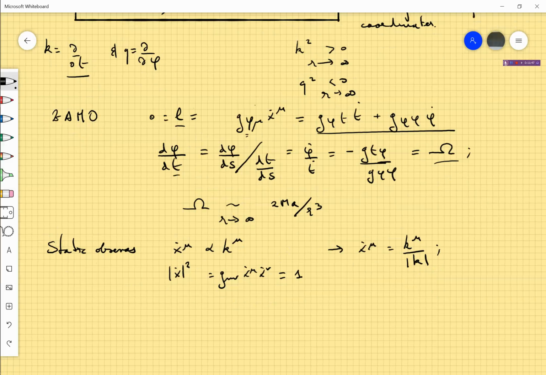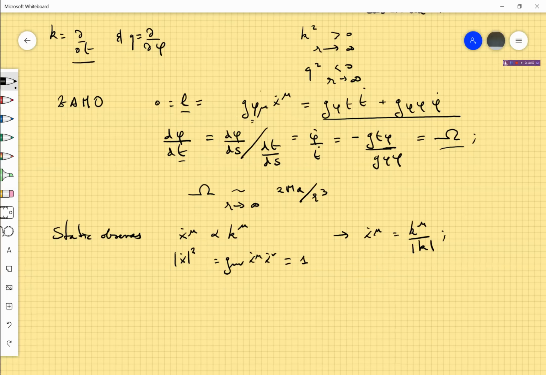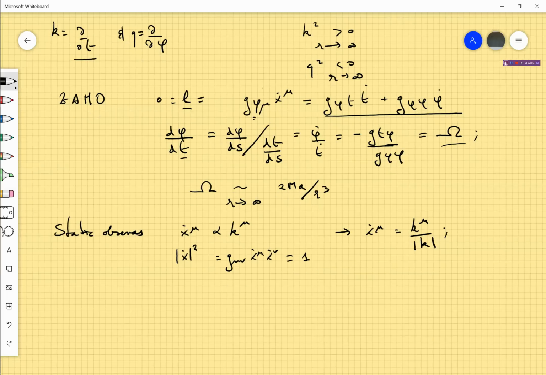Well, this kind of motion that we just defined doesn't have to be a geodesic motion. So to follow this motion, you will have to use your rockets in your spaceship or something like that. Okay, but this is not important. What is important is that this is good as long as this doesn't vanish.